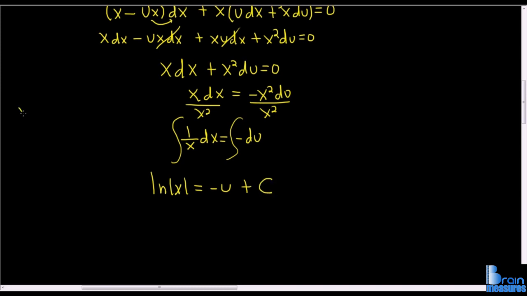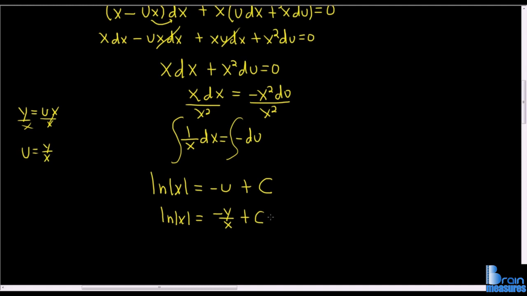Keep in mind in all of this that y is equal to ux. And that means that if you divide by x, u is equal to y over x. So we have the natural log of the absolute value of x, and that's equal to negative y over x plus c.